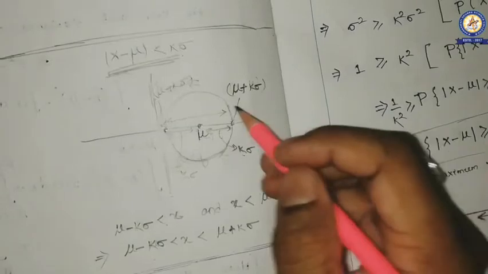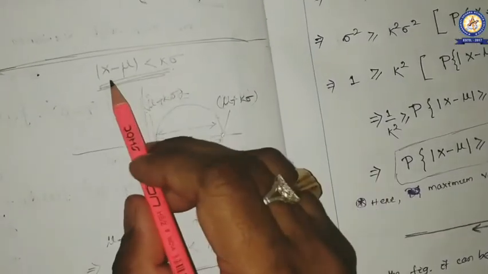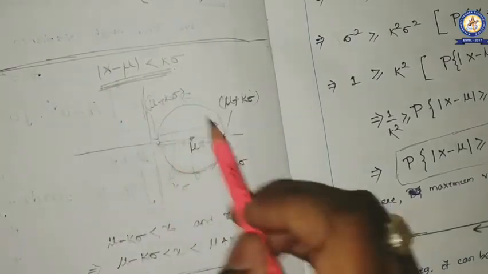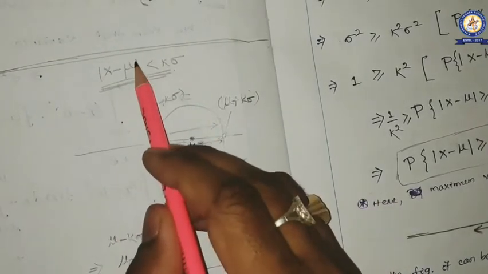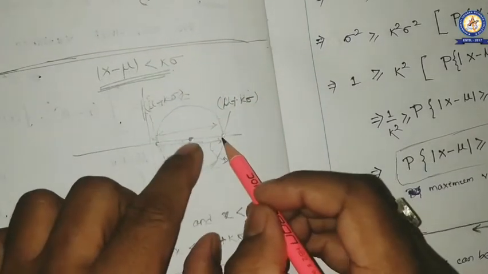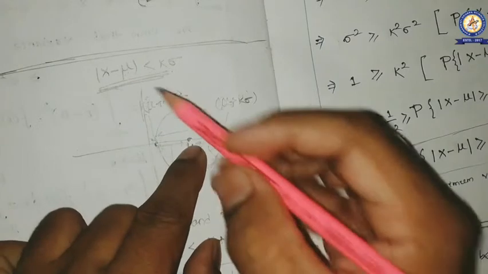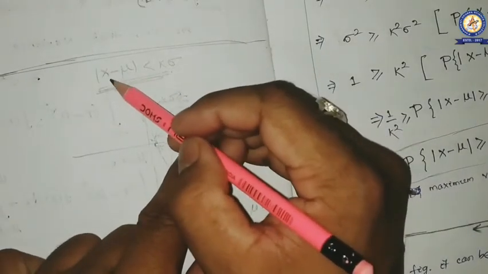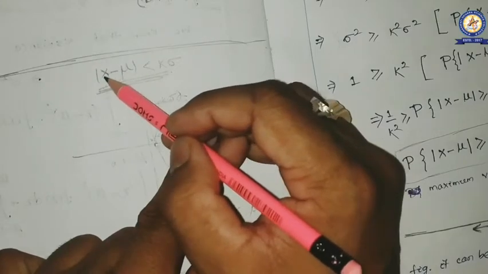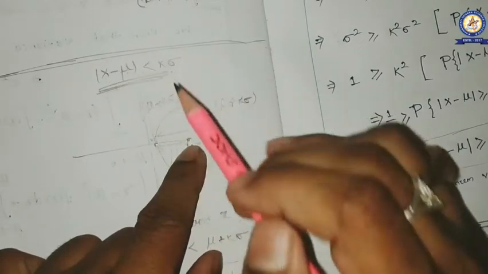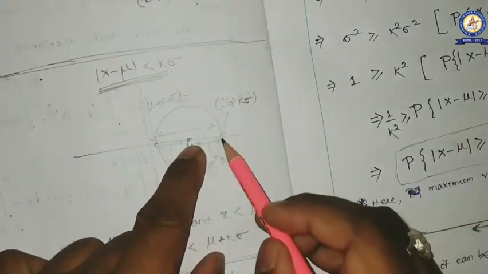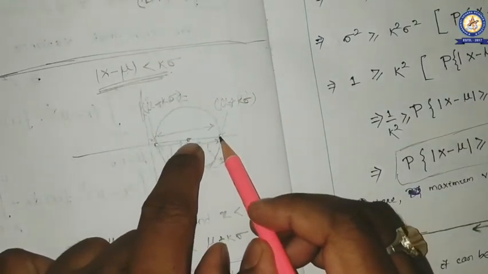So we are searching for an x value on this axis such that mod of x minus mu will always be less than the radius. So the radius is this much. I am going to search for a value of x such that when mu is subtracted from this x, it will always be less than k sigma, or less than this distance.